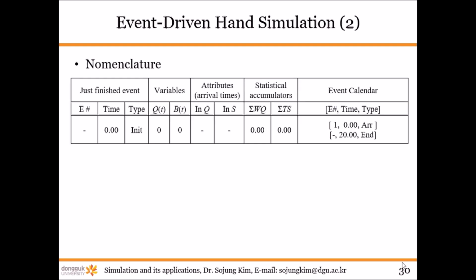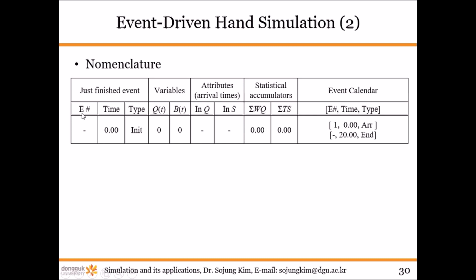Okay, so the basic nomenclature used in this sample path analysis or event-driven hand simulation: we have 5 columns, and the last column shows the event calendar. The first one is the event just finished, the second one is variables, the third one is attributes, and the next one is statistical accumulators, and that's only in Arena, or if you want, you can add more accumulators here, right, and so on.